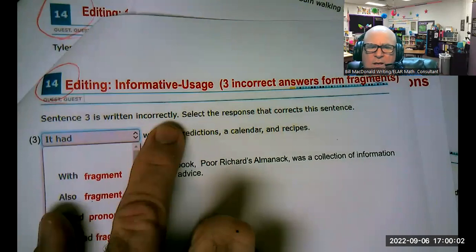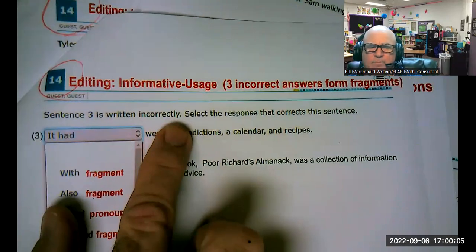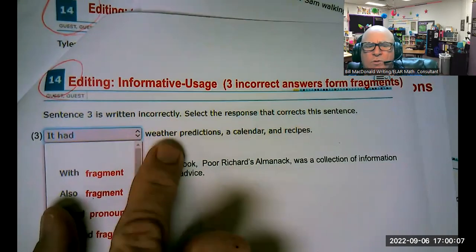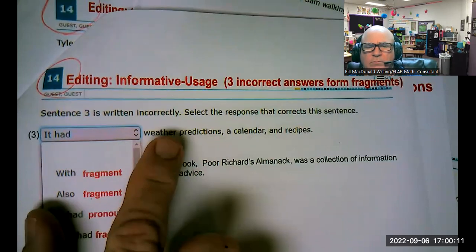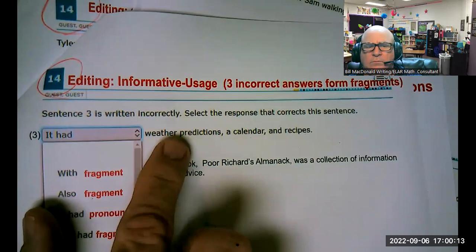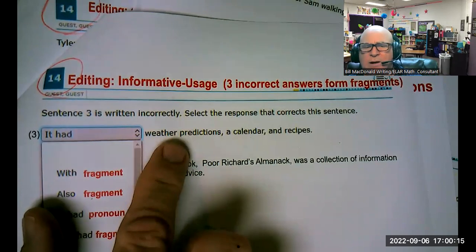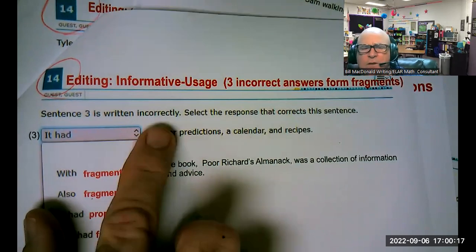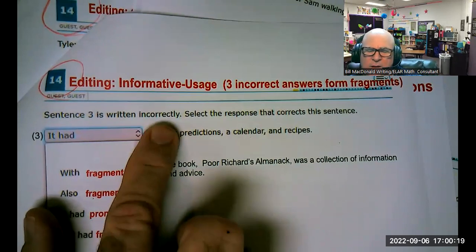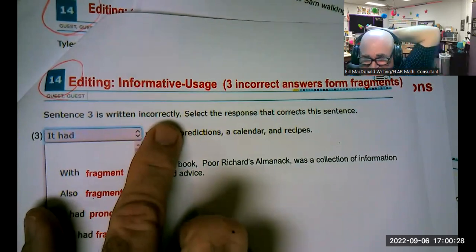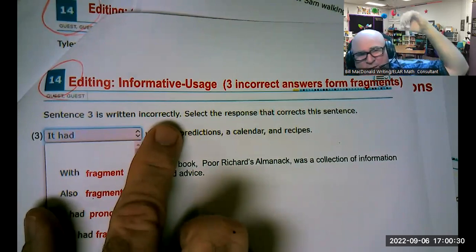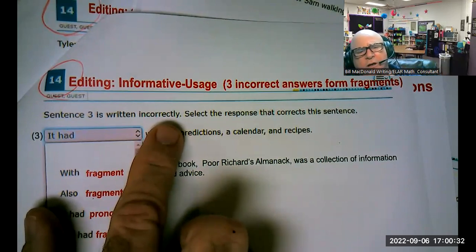And so a lot of times when you see that it's written incorrectly, it doesn't say the word error. What I'm noticing is whenever it says a sentence needs to be changed, or that there's an error, then those are cups.